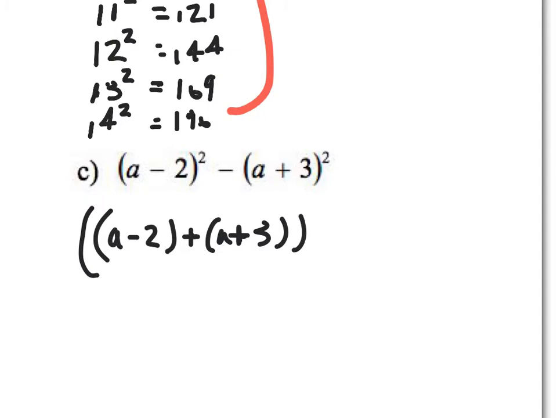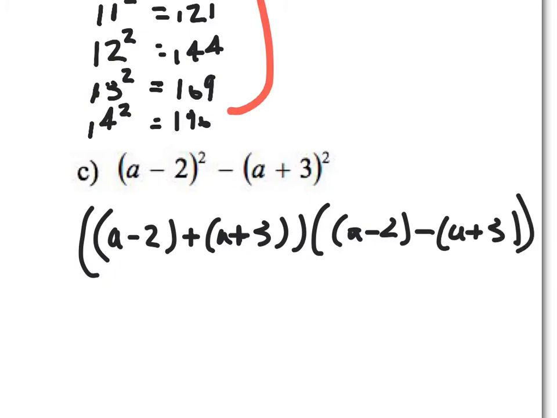Then I'm going to multiply that by the difference of that, which is going to be the quantity a minus 2 minus the quantity a plus 3. And I'm just going to leave it like that.